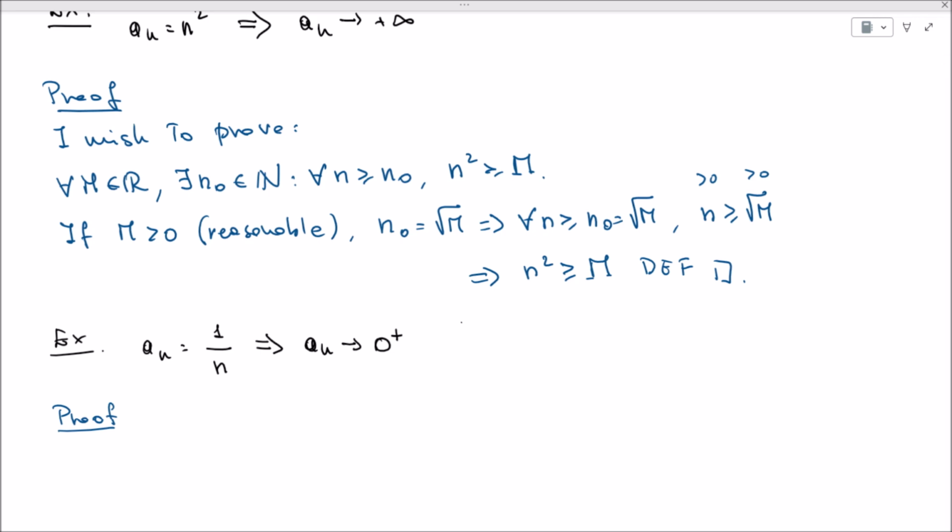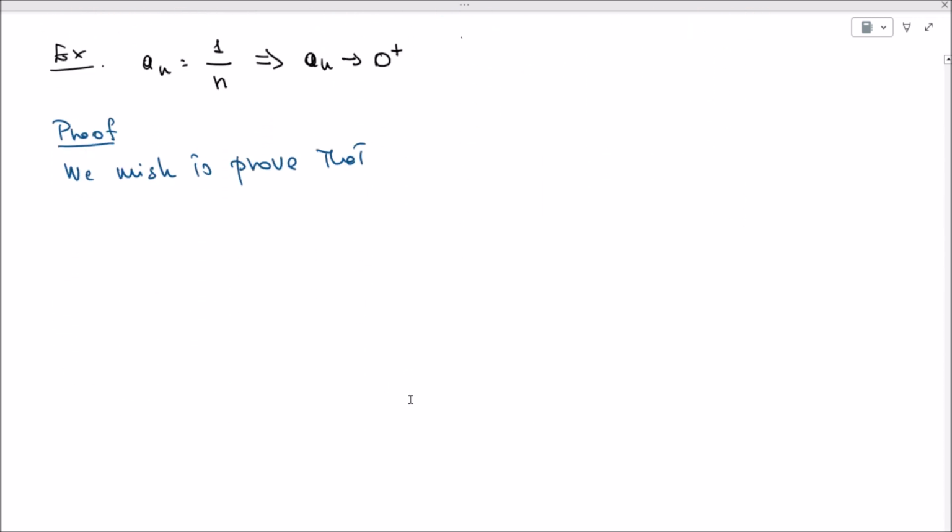So we wish to prove that for every epsilon larger than 0, 0 is strictly less than 1 over n, which is less than or equal to epsilon.